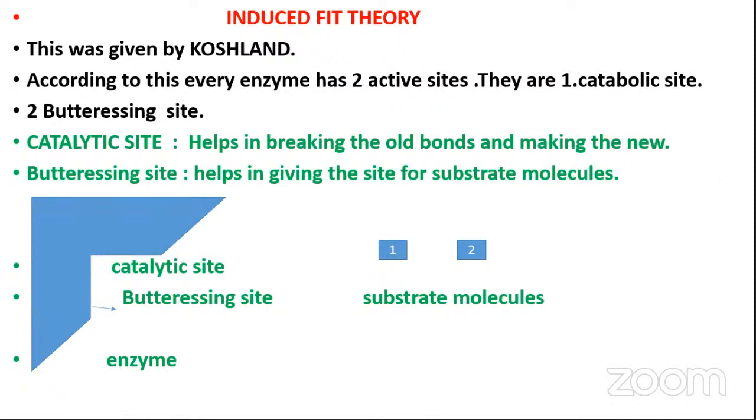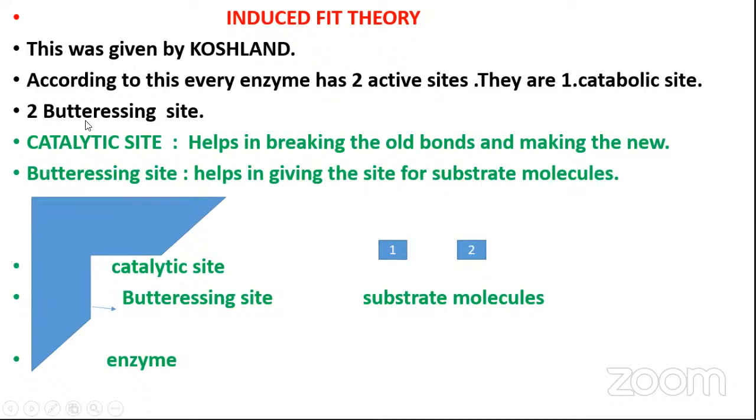During the reaction, this catalytic site helps in breaking the old bonds between the substrate molecules and making new bonds between the substrate molecules. Next, the buttressing site. What is the use of the buttressing site? This longitudinal buttressing site helps in giving the site for substrate molecules.